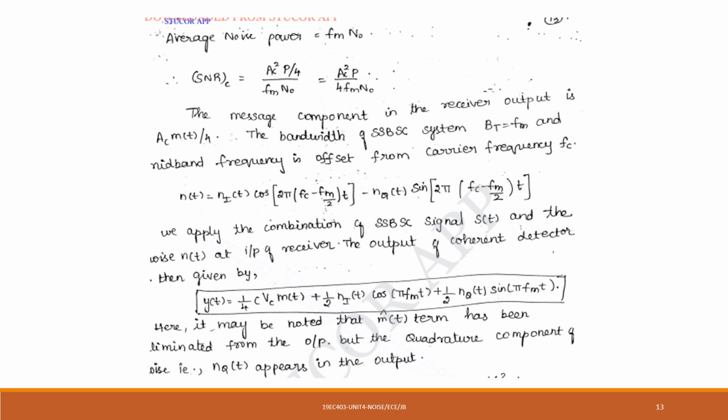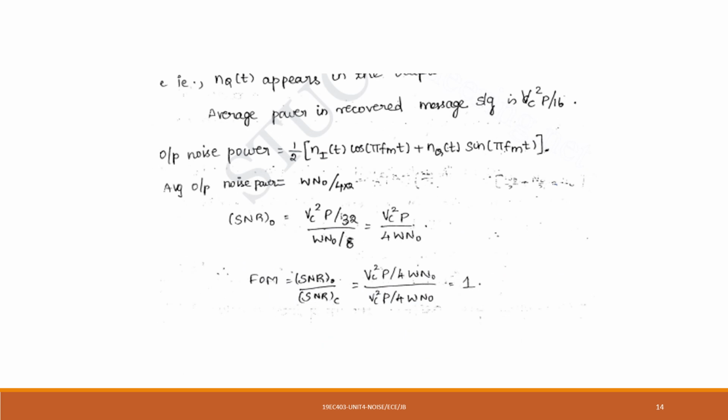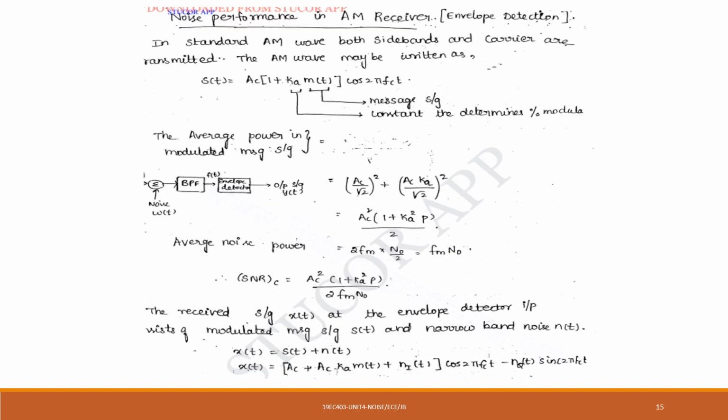However, I have the effect of both the in-phase component of noise as well as the quadrature component of noise. And once again, with the help of the signal to noise ratio parameter, I calculate the figure of merit both at the input as well as at the output sections, and it is found to be 1 here.